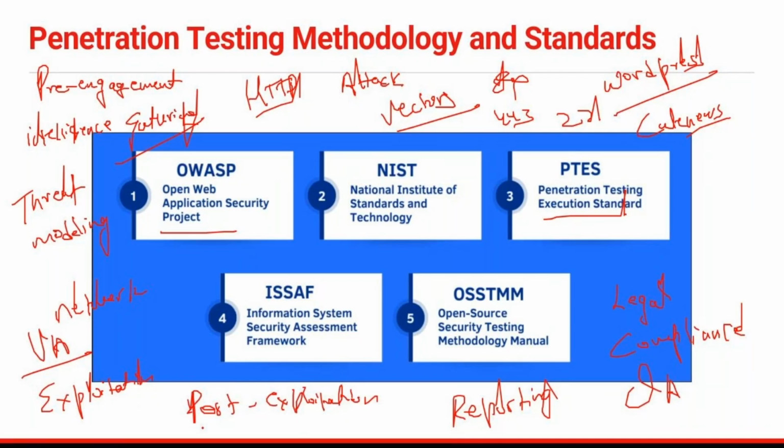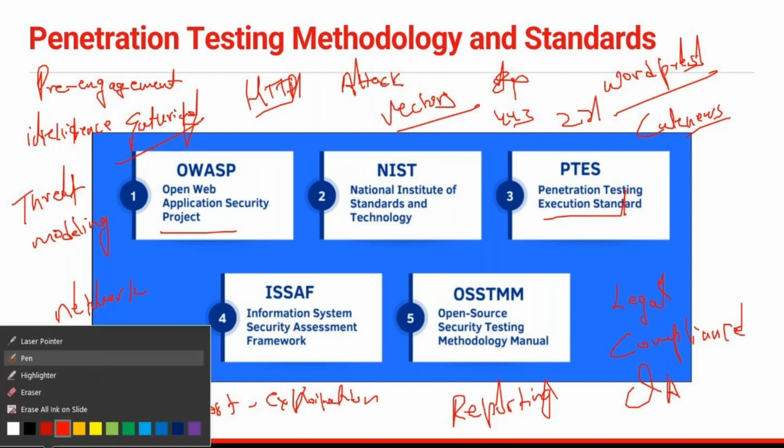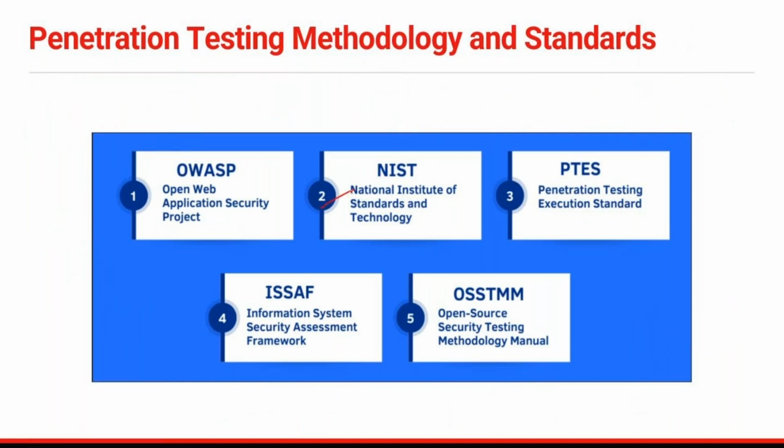Next we have NIST. NIST stands for National Institute of Standards and Technology. Now NIST gives SP 800-115, which is the publication number.